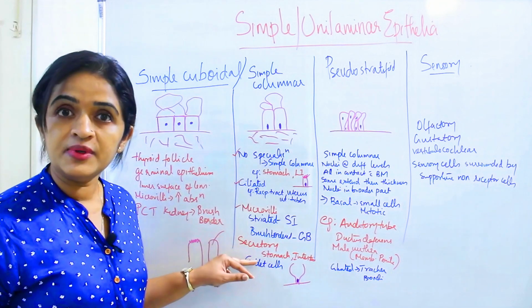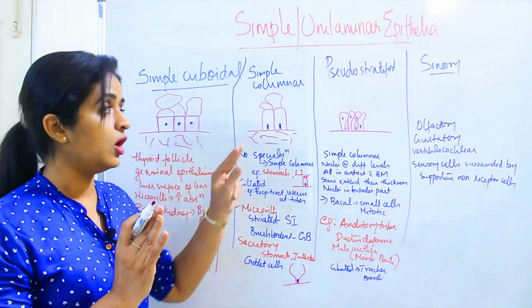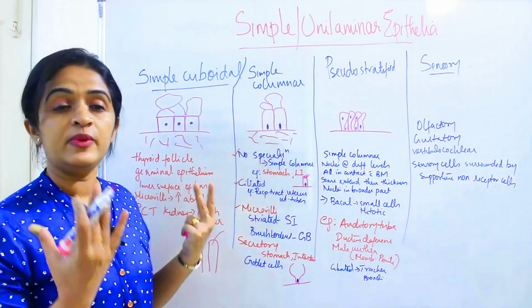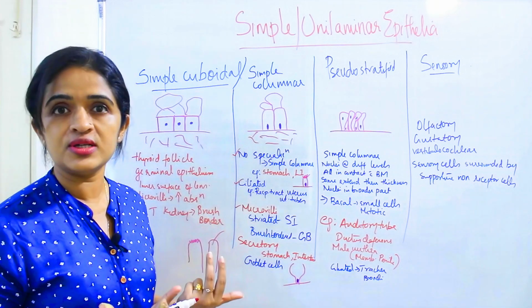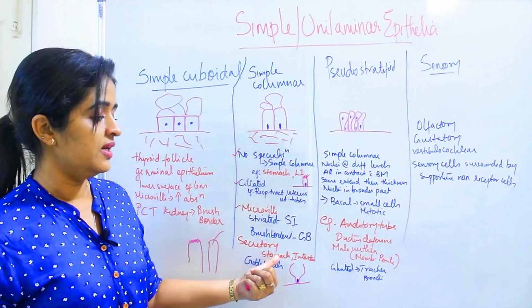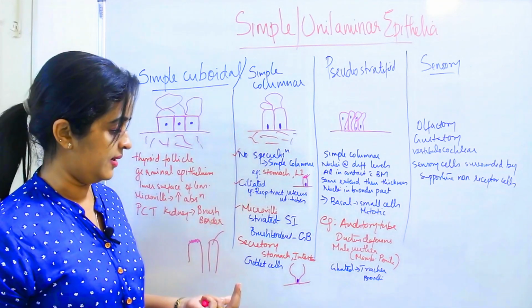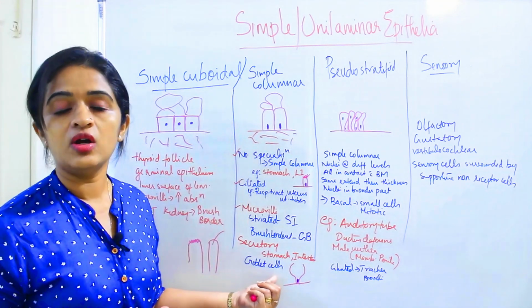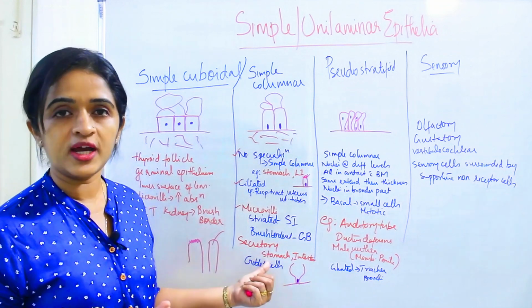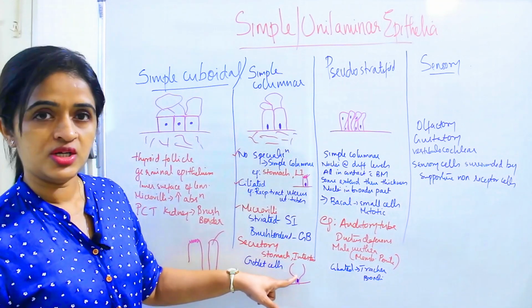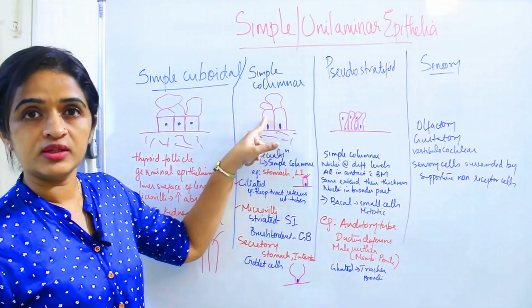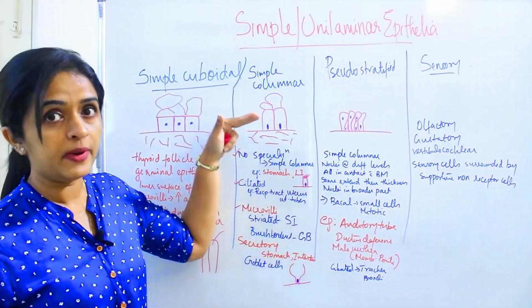Then at some places, this columnar cell itself will be modified as a secretory cell. For example, in the stomach and intestine, some of the cells will be secreting, and such cells you call goblet cells. Why? Because its secretion will be accumulated on the surface or on the upper part of the cell.